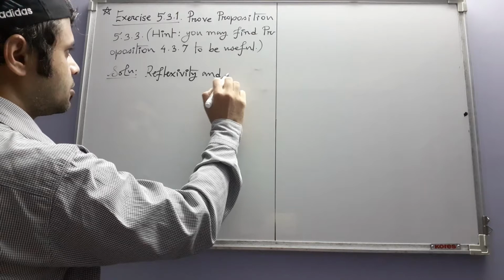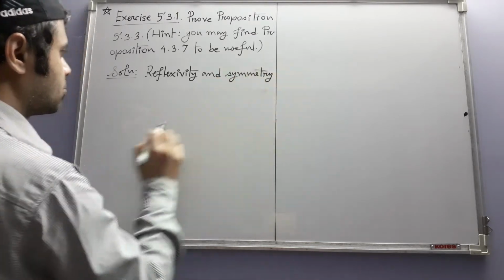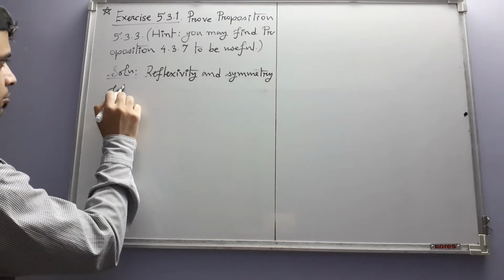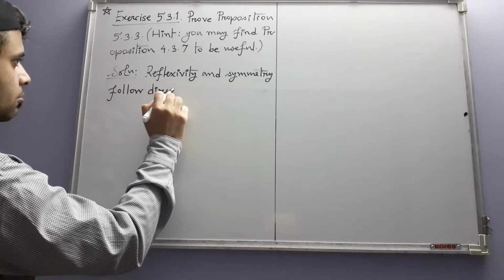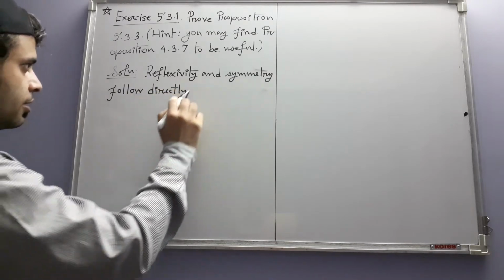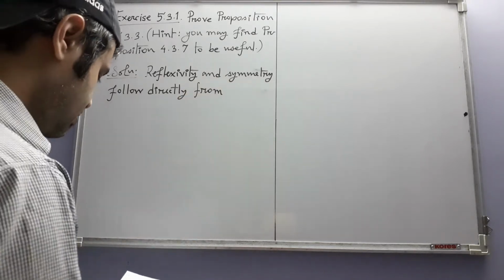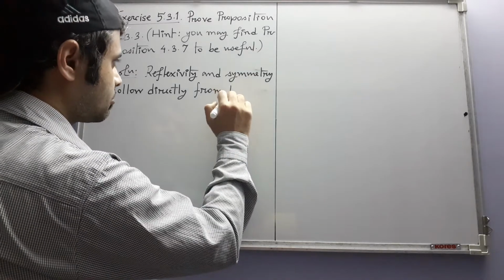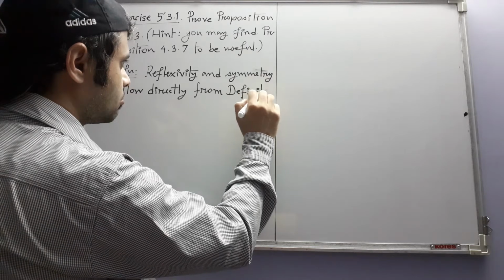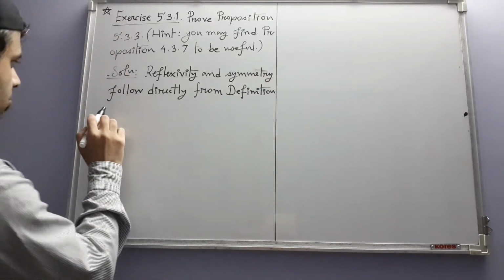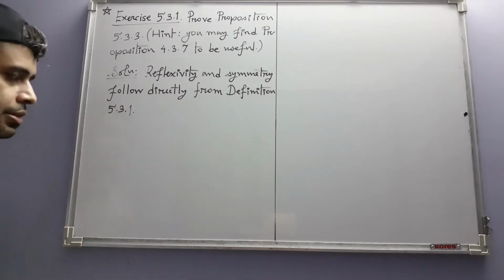Reflexivity and symmetry follow directly from the definition of equivalence, that is, the first definition. Why is that the case?